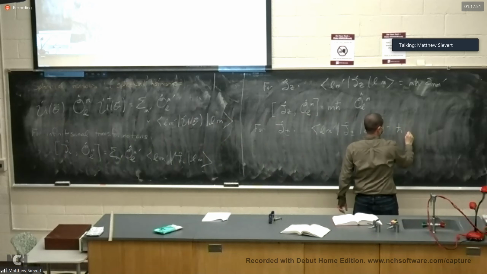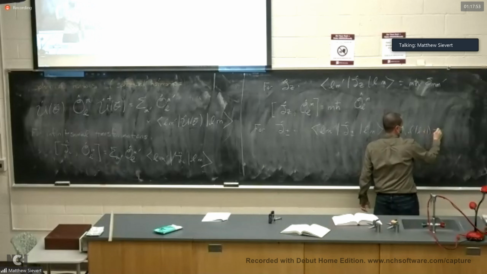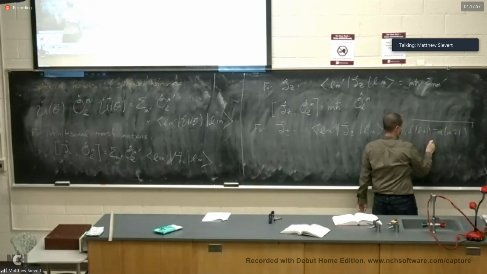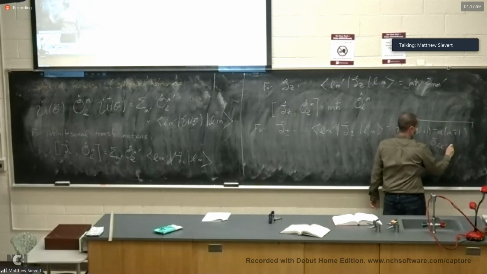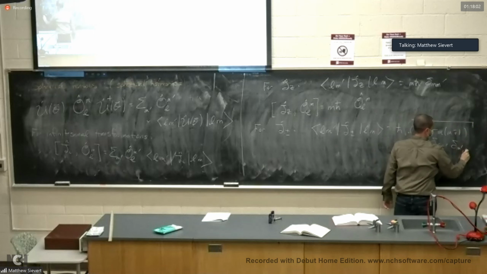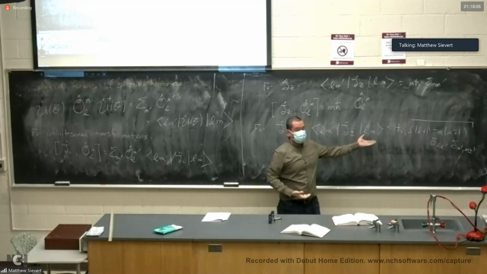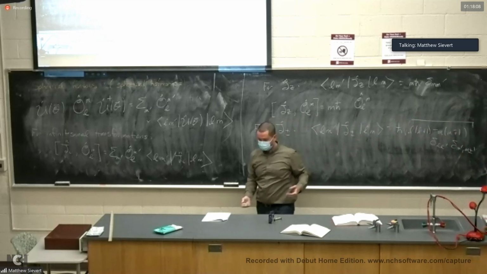This gives me h bar square root of L plus 1 minus M minus plus 1, times delta L prime, delta M prime, M plus or minus 1. So this defines what I mean by raising or lowering that component.